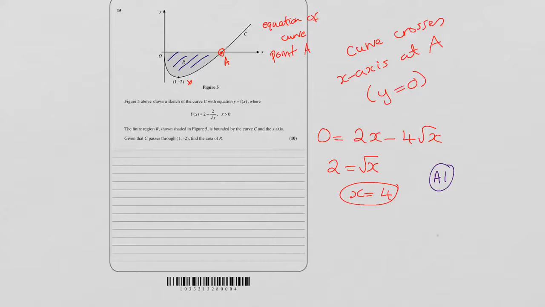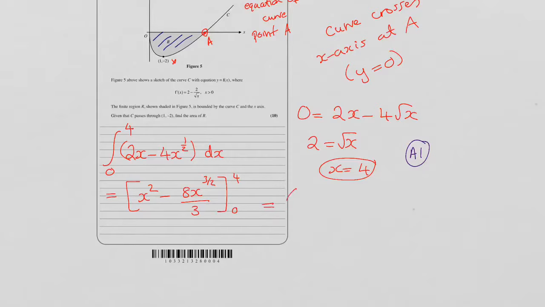Now we actually have to do the integration. So I'm going to integrate between 4 and 0, 2x minus 4x to the half, square brackets, and that's all between 4 and 0.